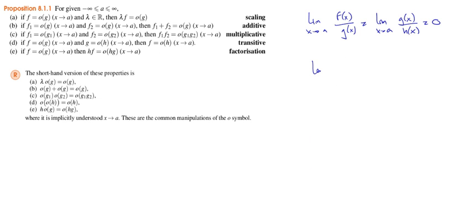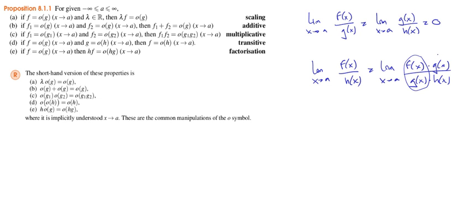So we need to prove that the limit when x goes to a of f divided by h is 0, but then if we multiply and divide this by g, again we have this limit is going to be 0, and this limit is going to be 0, so all of this is going to be 0, right? So f is small o of h.